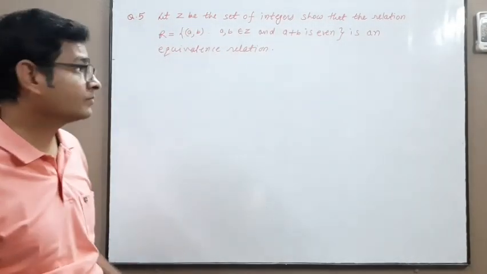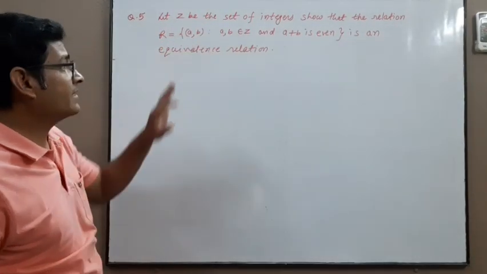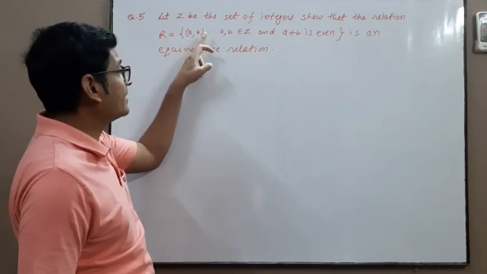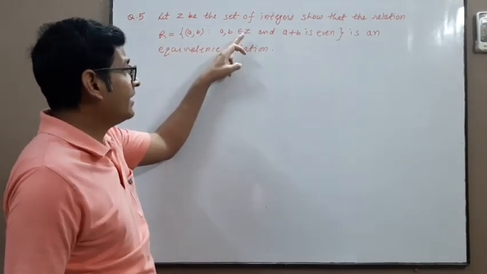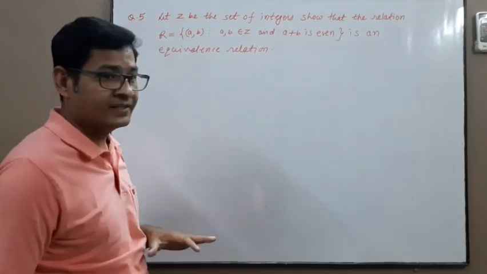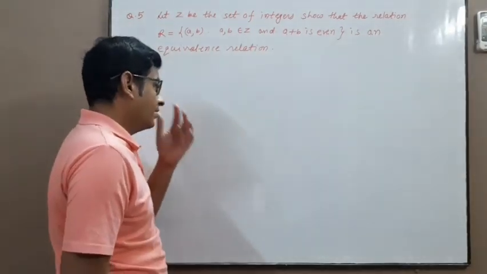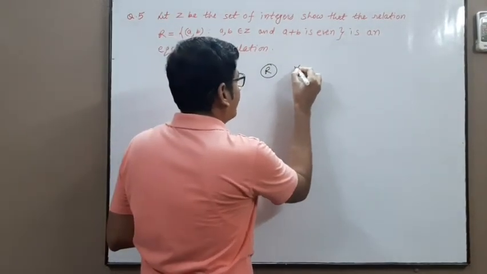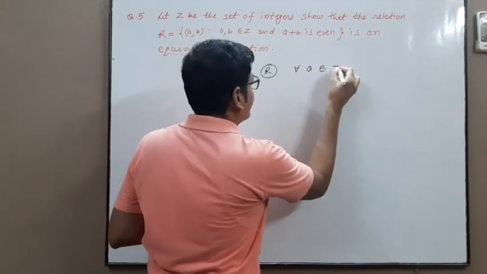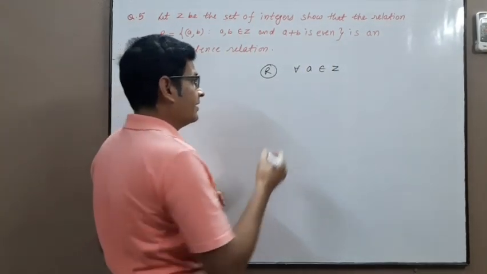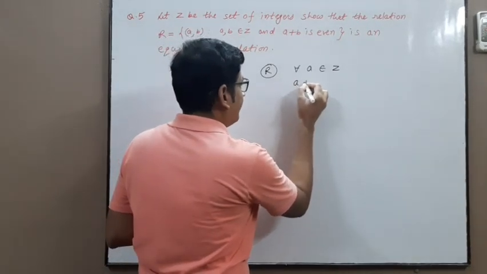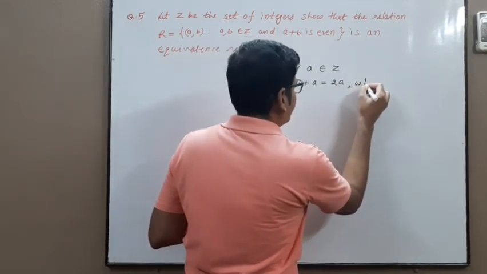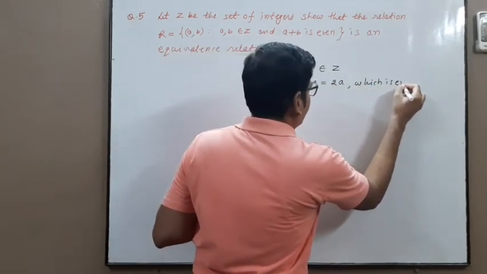Question number 5. Let Z be the set of integers. Show that the relation R equals the set of ordered pairs (a, b) such that a, b belong to Z and a plus b is even is an equivalence relation. First, for reflexive. For every a belonging to Z, we know that a plus a is equal to 2a, which is even.